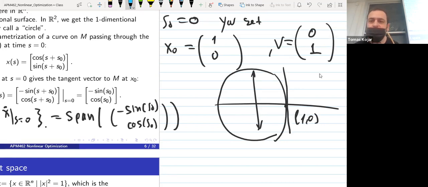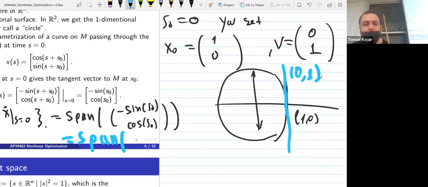Let me do it in blue as usual. This is 0, 1. So this is the span from linear algebra of 0, 1. You have all multiples of 0, 1, and you just stuck it to the point 1, 0. Is that okay? Does that make sense? Which part?